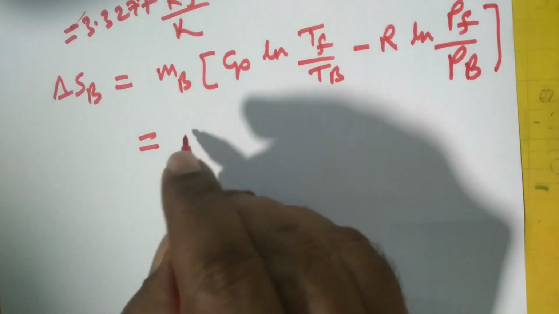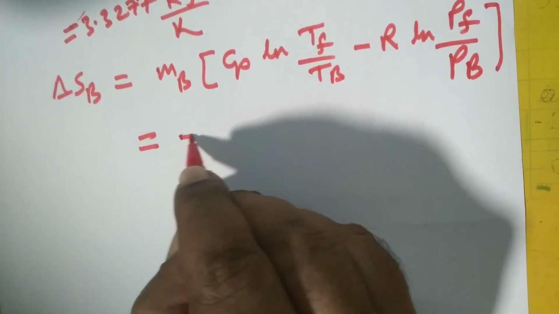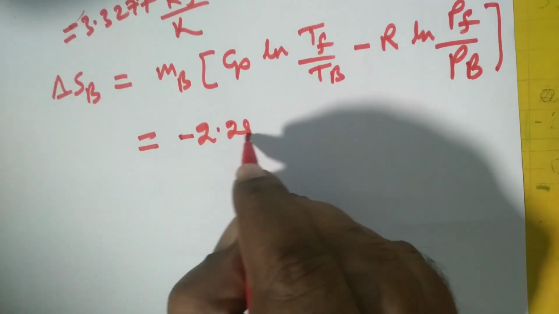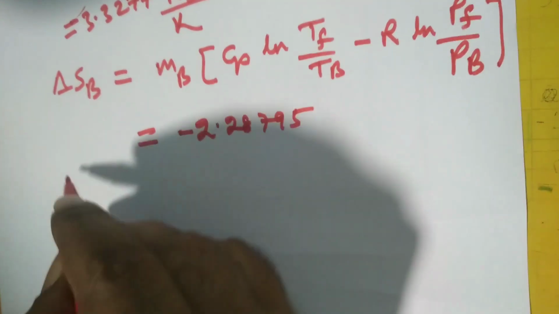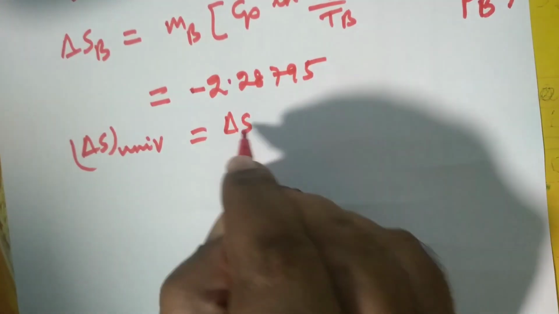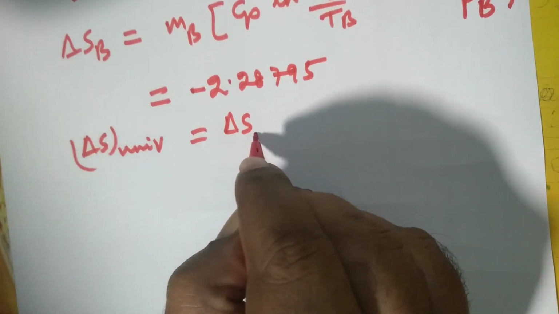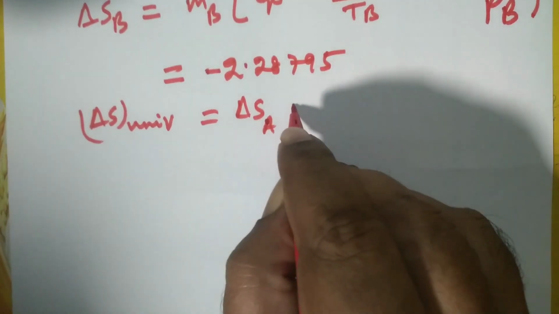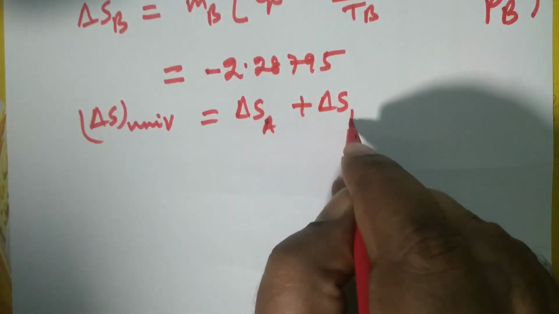Just by putting all these values, it will come out as minus 2.28795.